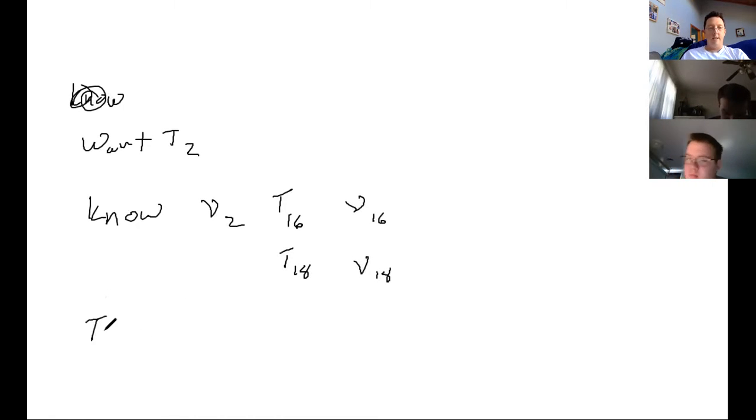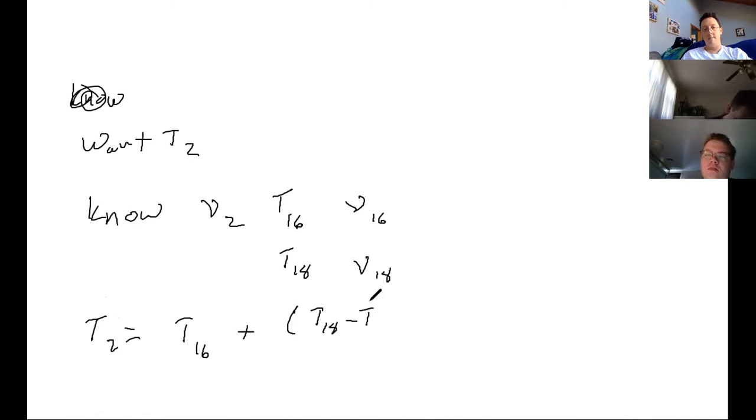So I can say T2 is going to be temperature at 16 plus the slope: temperature 18 minus temperature 16 over specific volume 18 minus specific volume 16.